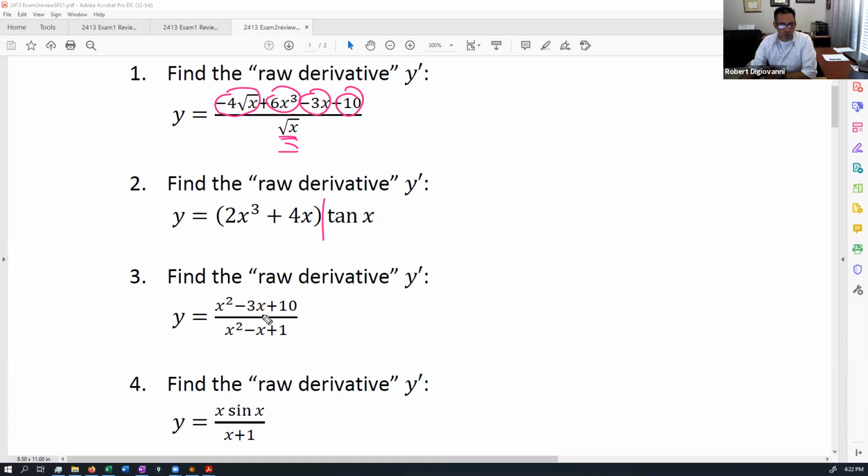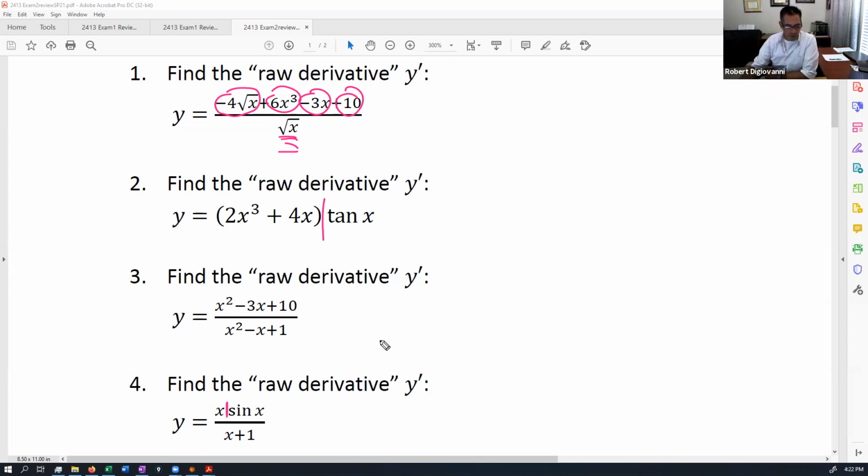This one is a quotient rule. Derivative of the top times the bottom minus derivative of the bottom times top over the bottom squared. Number 4 is a quotient rule, but when you go to take the derivative of the top, there's a product there. No chain rule on this test, okay?